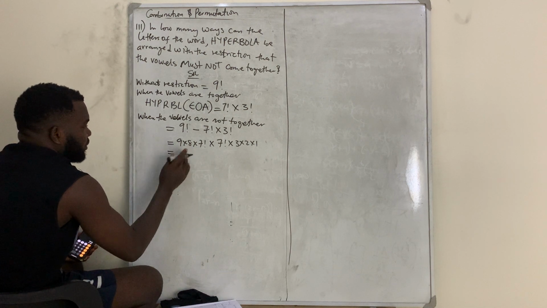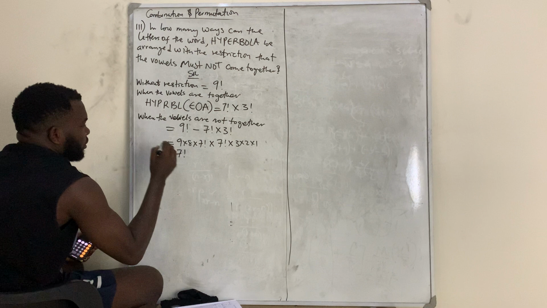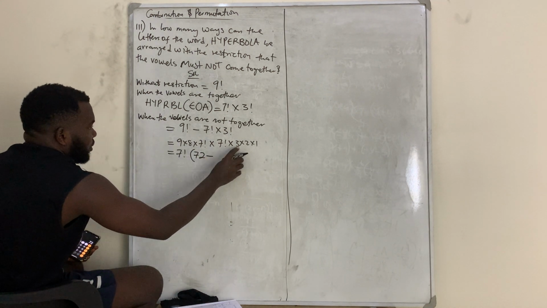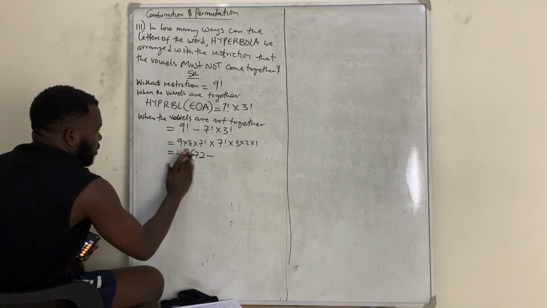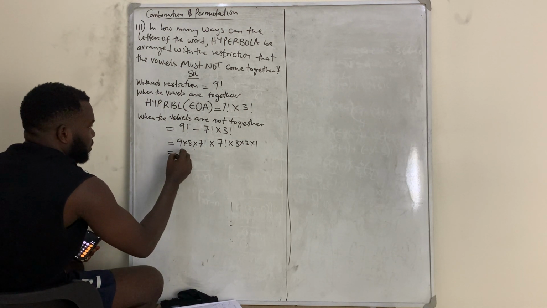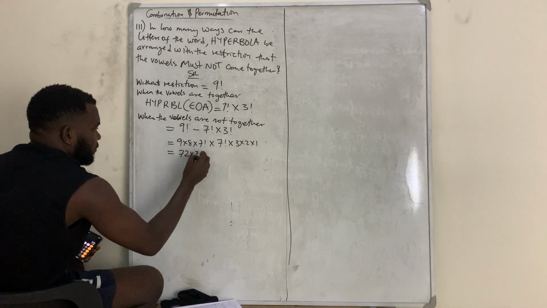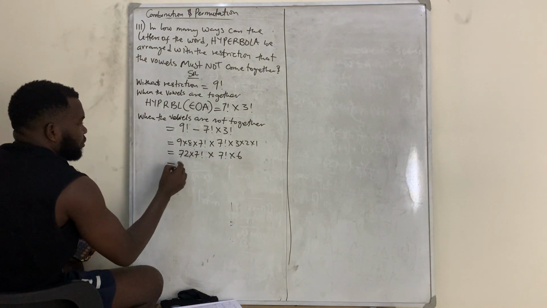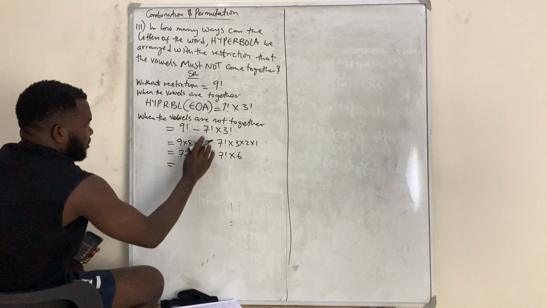Let's bring out what they have in common. They have 7 factorial in common. So this is 72 times 7 factorial, minus 7 factorial times 6. Sorry, minus, why am I writing times?